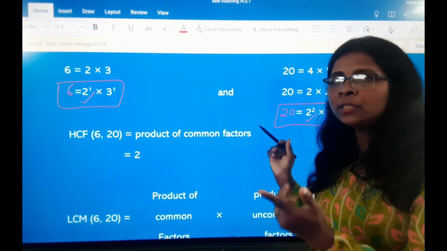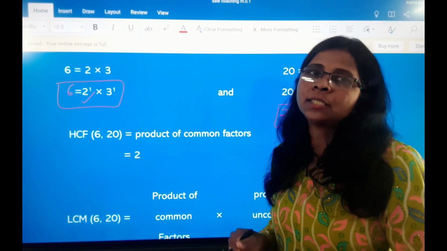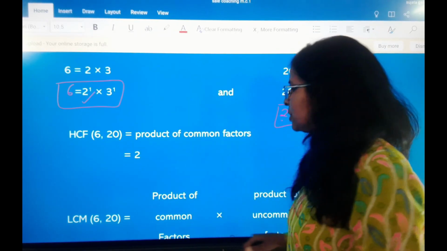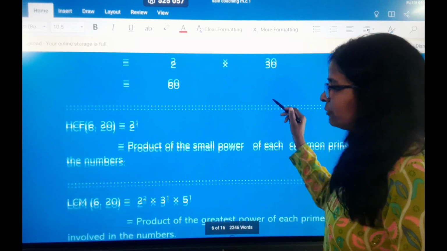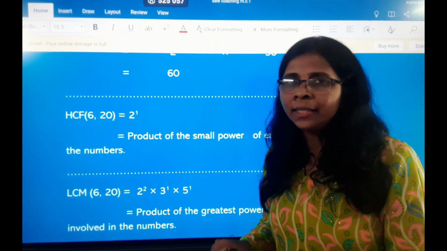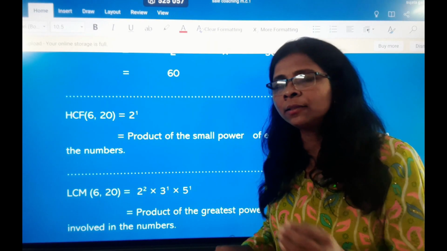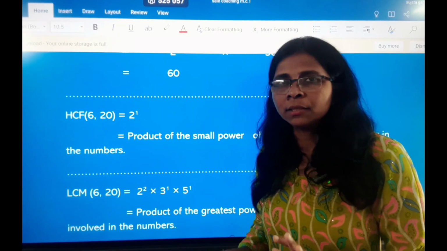So which one is the smallest? 2 raised to 1 is the smallest. So तो आपला HCF असेल. Okay, so here we write the HCF as 2 raised to 1 and that is equal to 2. Okay, get this point. अगदी इझी आहे, काहीच कठीण नाही आहे. स्मॉलेस्ट पॉवर फक्त घ्यायचा आणि बस तेवढंच करायचं.